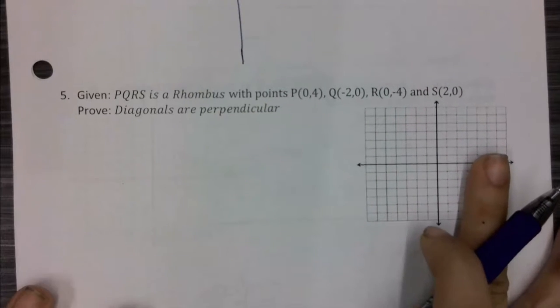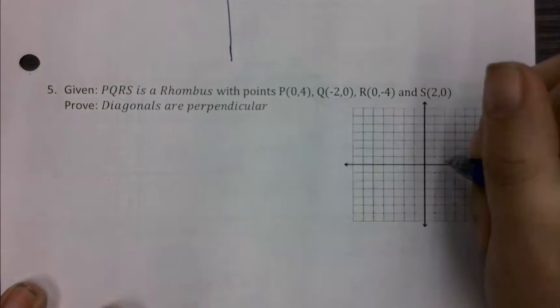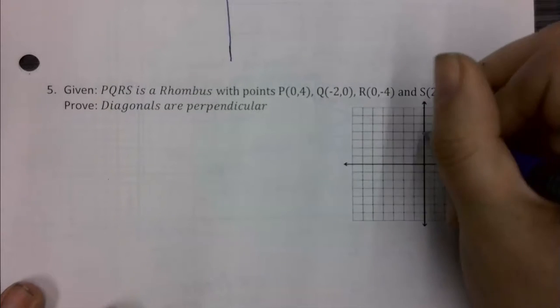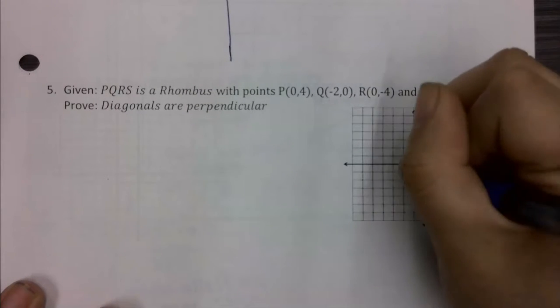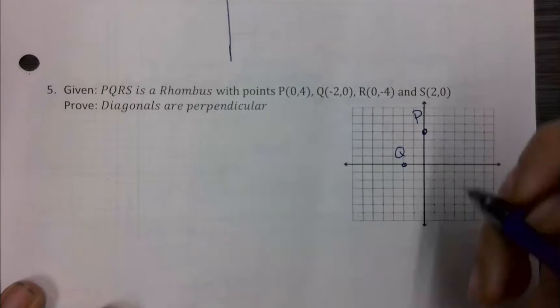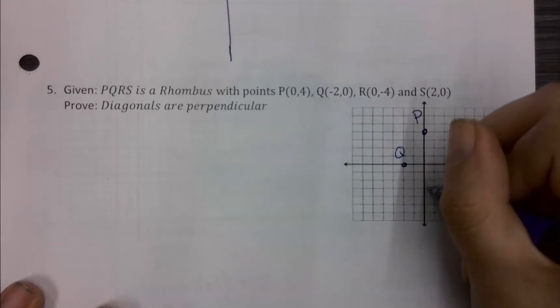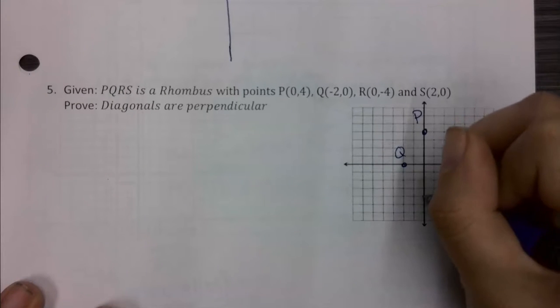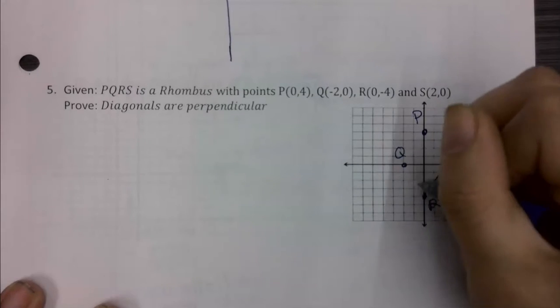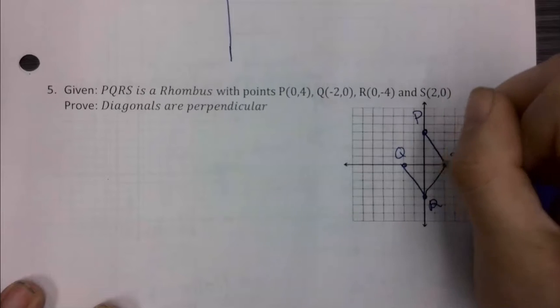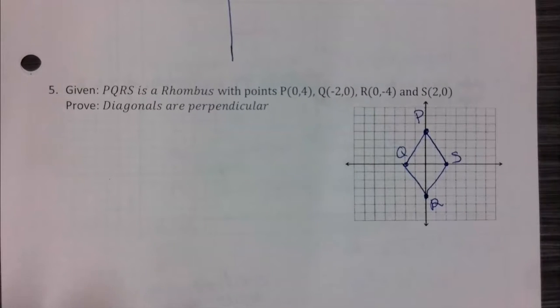Okay. So this one I need to go plot it. Plot the graph. Nope. It's a rhombus. I need to prove that my diagonals are perpendicular.